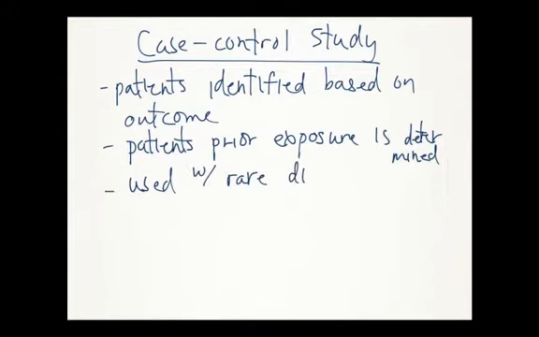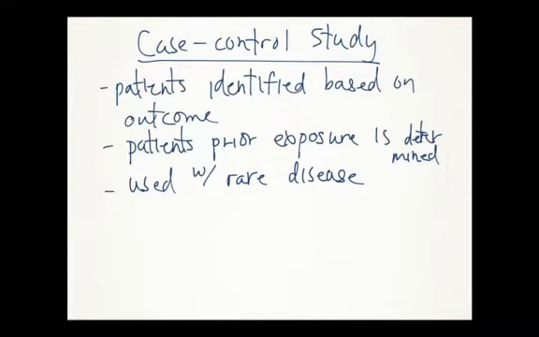And you can probably have a good sense of why we use this type of study design for rare diseases, because if a disease is rare, it'll be very difficult for us to find people who have the disease in a cohort study. But instead, if we do a case control, we can look back and see who developed the outcome and then proceed in that fashion.